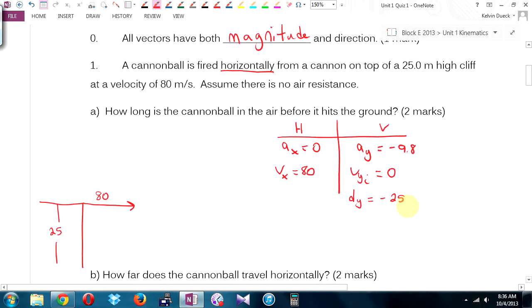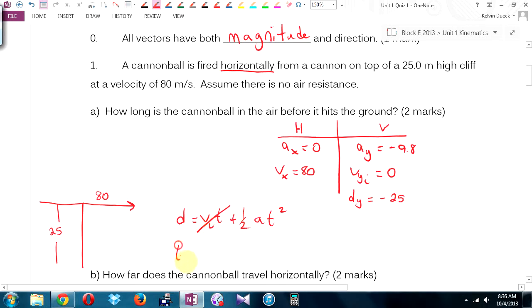And now I'm committed. If I want to find time, and Logan, you're right, I am finding time, I have to do this vertically. I'm looking for an equation that has those in it, so not one that has horizontal, that has A, VI. You know what? It's this one here. D equals VIT plus a half AT squared. I think I could go like that conveniently.